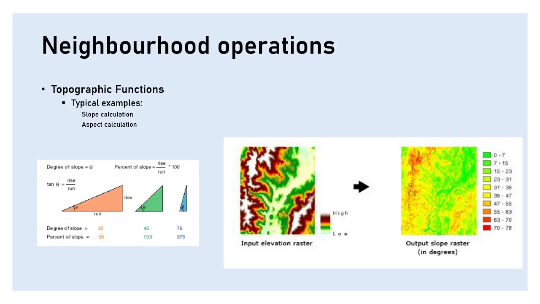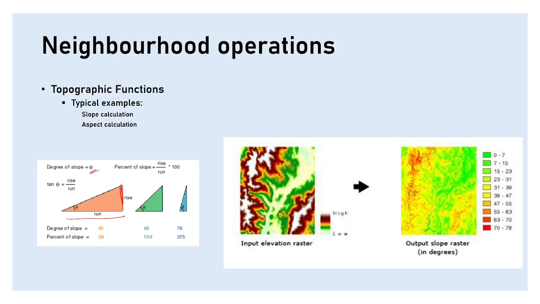So here, the degree of slope, if it is given as theta, then tan theta is equal to rise by run. Basically a mathematical function that they're using. And in order to get the percent of slope, it is rise by run into 100.